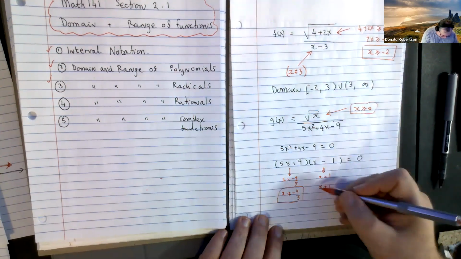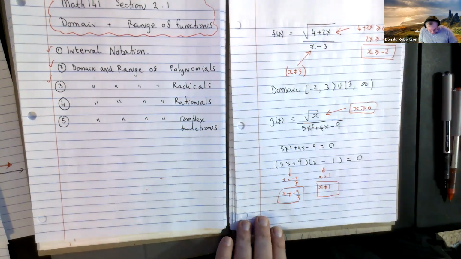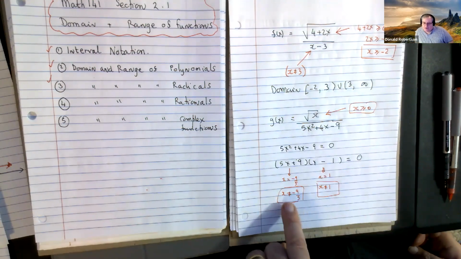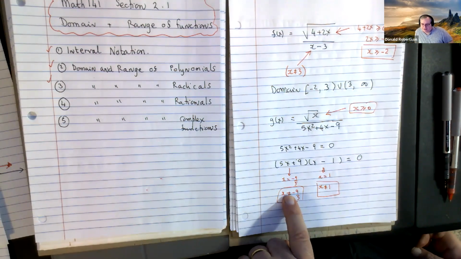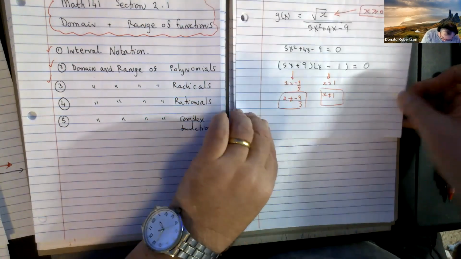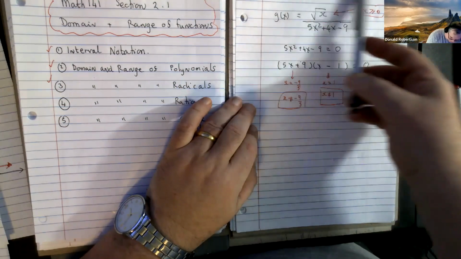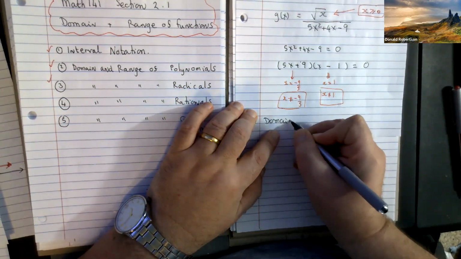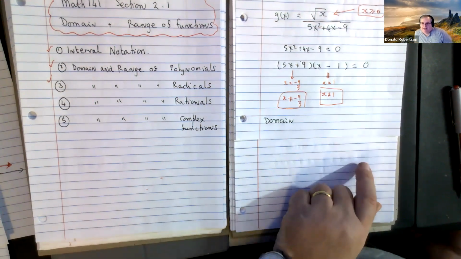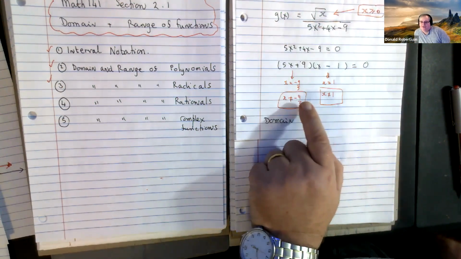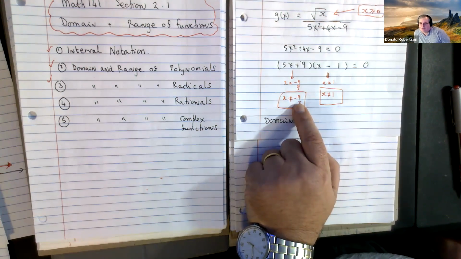So now we've got 3 different pieces of information. It has to be greater than or equal to 0. It's not allowed to be -9/5, and it's not allowed to be 1. And we have to put that together as a single interval like this one up here. Now, we got kind of lucky here. If x is greater than or equal to 0, won't that one get killed?